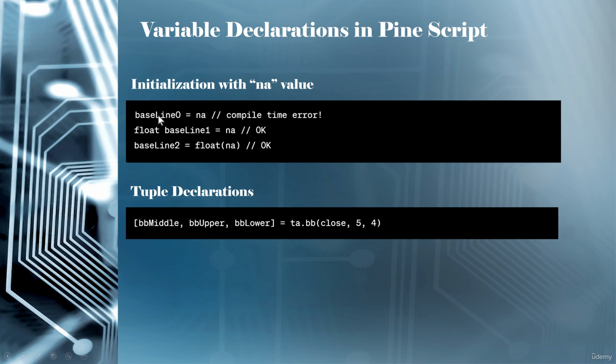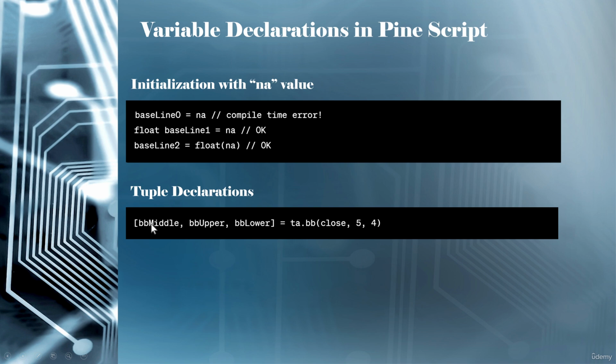In the first line, there is an invalid way to initialize a variable, because we did not specify the type of this variable and we try to assign the NA value. Therefore, this way of assigning NA value is invalid because we did not specify the type of the variable.